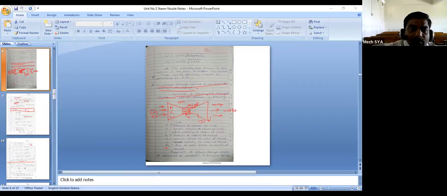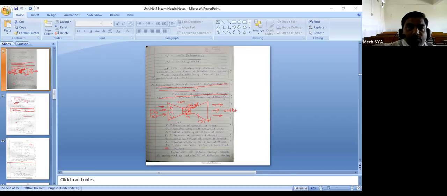And it is very important to note that H1 is specific enthalpy in kilojoule per kg, C1 is in meter per second, the velocity of steam at inlet. H2 is also in kilojoule per kg, C2 is also in meter per second. Then we want the kinetic energy change.